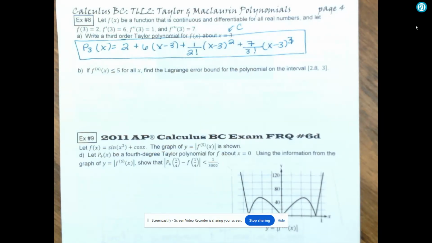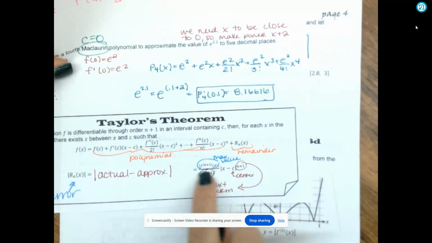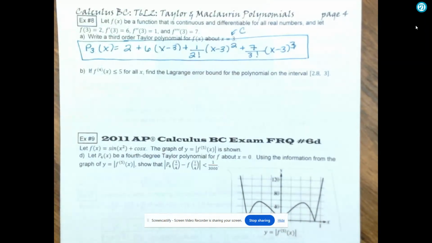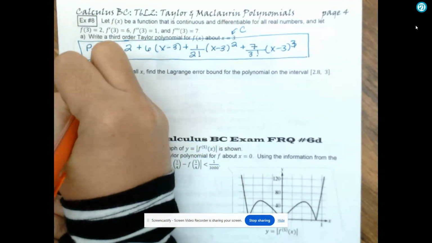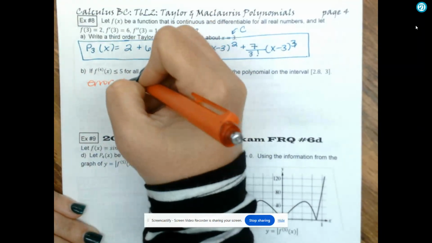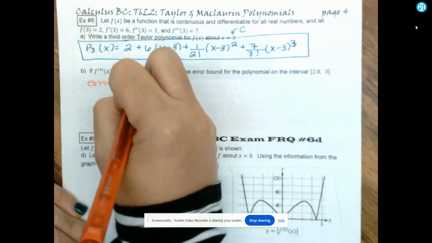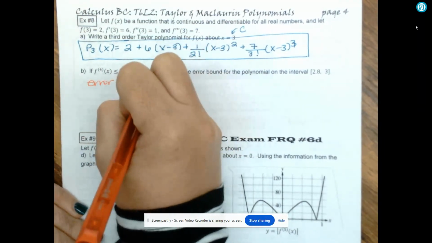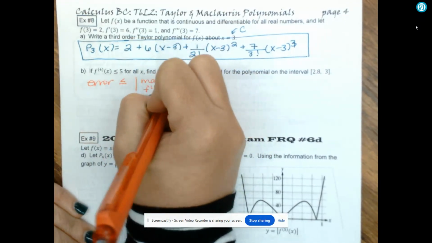So remember, going back to that function right here, we're going to say that our error has to be less than or equal to the absolute value of the max of the fourth derivative of x.